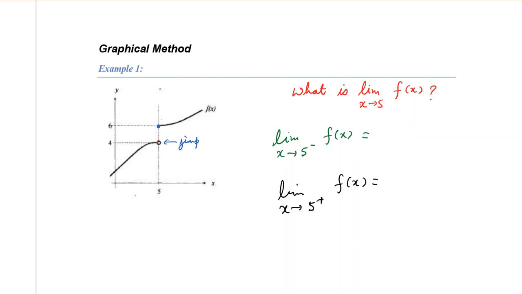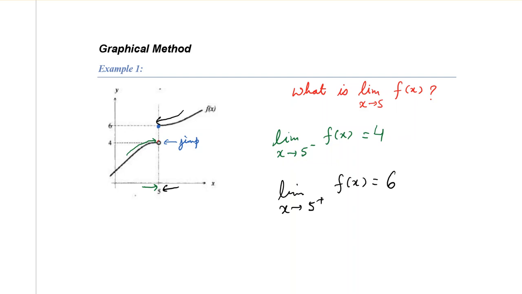So when x approaches 5 from the left, or from the negative side, we notice that the value of y approaches 4, correct. So the value of y is approaching 4. Similarly, when x approaches 5 from the positive side, we can see that the value of the function is approaching 6.